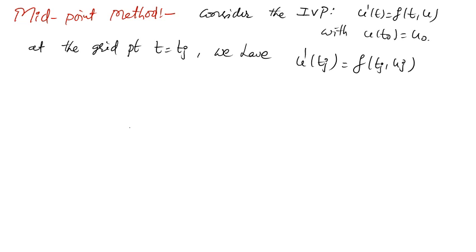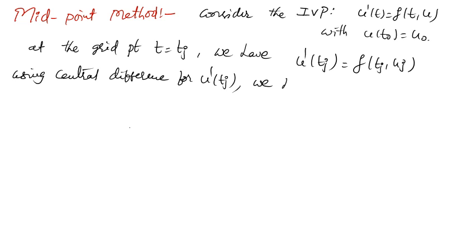The differential equation. Now using central difference for u dash tj, we have what is the approximation? Central difference for the first derivative, uj plus 1 minus uj minus 1 by 2h. Already we derived this, f of tj comma uj.